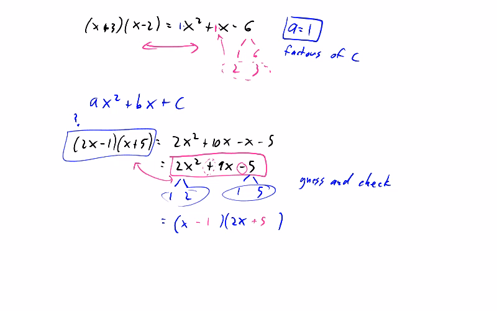You only have to worry about what the middle term would end up being. You would have a minus 2x and a plus 5x, and the minus 2x and the plus 5x would give you a 3x, which is clearly not 9x. So that's the wrong combination. So let's try a different combination. Let's change this to plus and the other one to minus, and see what happens there.